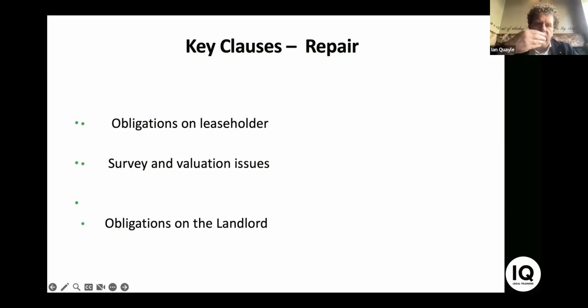Your advice should always be that the client should have the best survey they can afford. Where the client obtains a survey, you should ask to see a copy of it. Again, there may be issues associated with title or defects in the lease that are drawn to your attention. There may be issues with regard to disrepair and remediation that could tie into what we have to talk about in connection with the Building Safety Act.